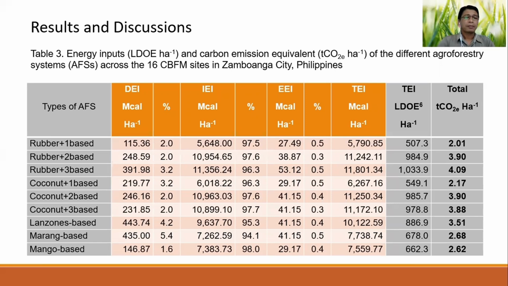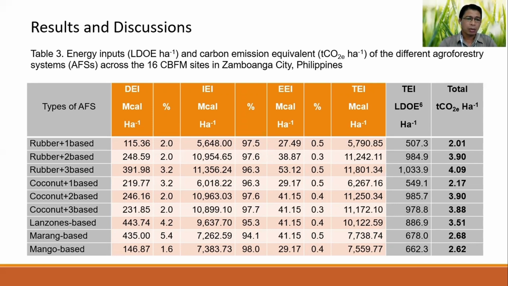Now, for results and discussions, Table 3 shows the energy input in LDOE and the carbon emission equivalent, expressed in ton carbon dioxide equivalent per hectare, of the different agroforestry systems across the 16 CBFM sites in Zamboanga City, Philippines.